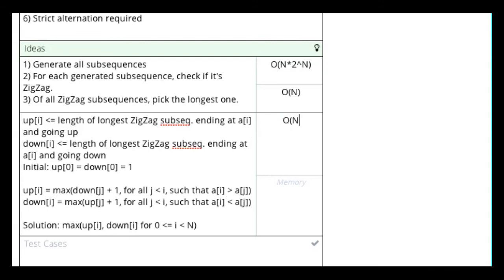So the time complexity is going to be n squared, and the memory complexity is going to be linear again. Now, that looks like a solution that's a lot better, right? Not only is it better, but at n equals 50, it's going to be very, very fast. So it's a great solution that we can now go ahead and implement.